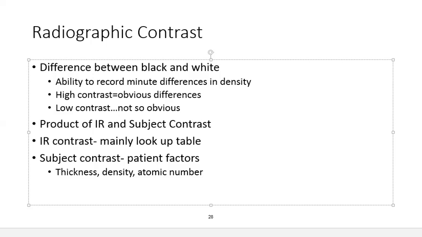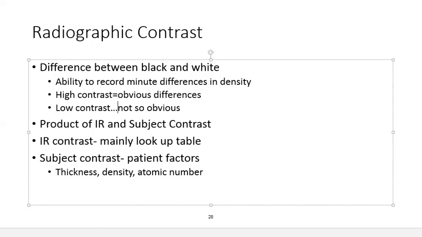A few of y'all made this mistake on the last imaging test. We tend to confuse a pneumothorax and atelectasis. A pneumothorax and atelectasis are not the same thing. Atelectasis is the collapse of the lung caused by air inside the pleural space. The air inside the pleural space is your pneumothorax. So you get a loss of density in the pneumothorax and an increase in density in the atelectasis.